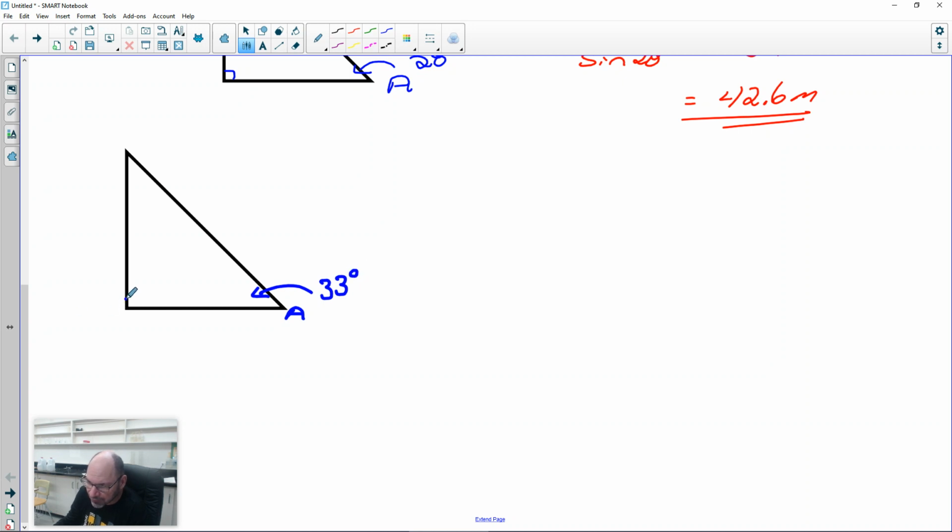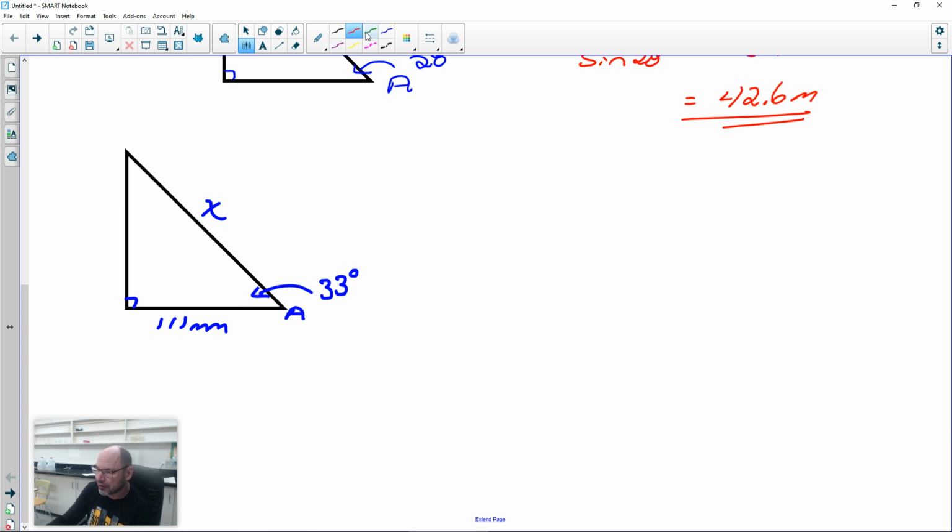And then our hypotenuse is there, and we want to find, I called it x. X, and then instead I gave you the adjacent side. Let's say that this was 111 millimeters.